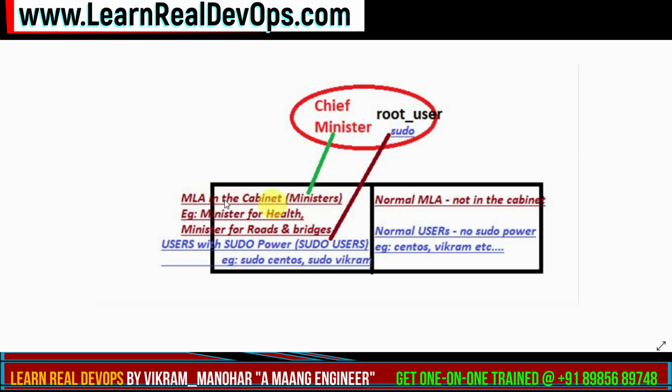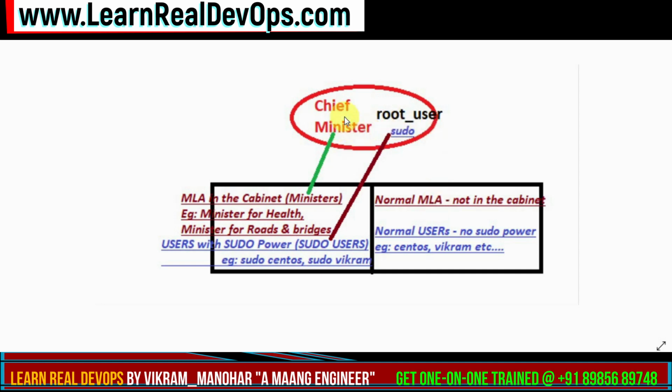So you'll have a few MLAs with the ministry as Minister for Health, Minister for Roads and Bridges, etc. And you'll also have other MLAs who are normal MLAs and who will not be part of the cabinet, so they are not called ministers.